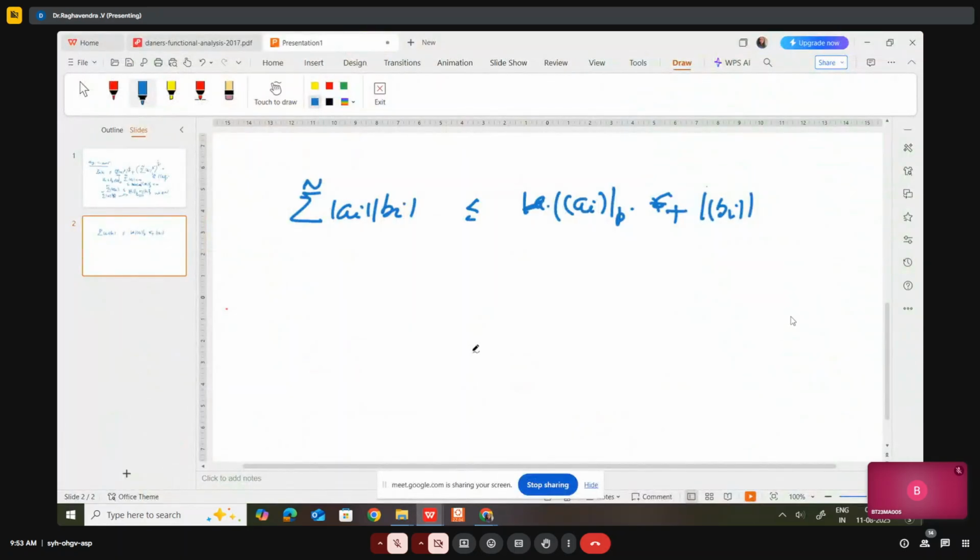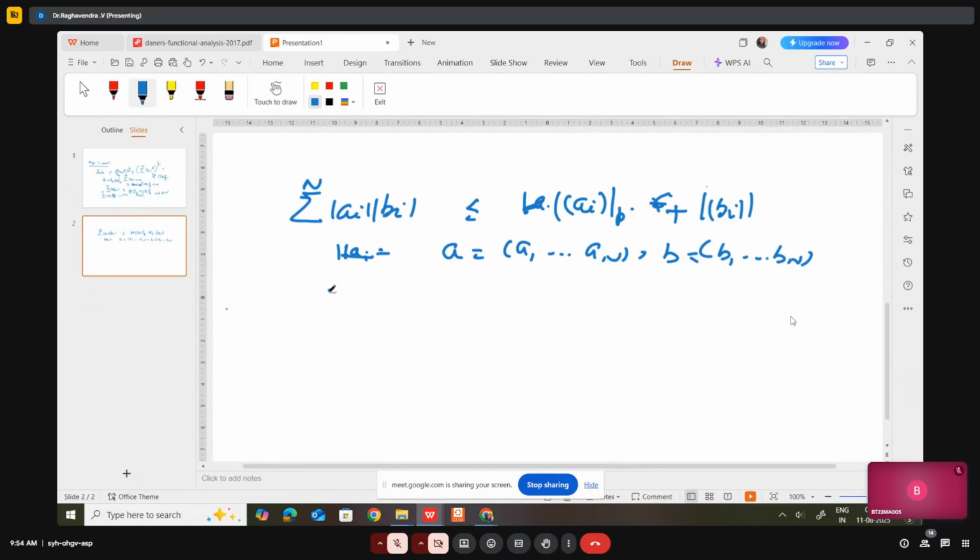All right. What we had shown as a norm is this. Let me take a equal to a1, a2, up to an, n components, and b equal to b1, b2, up to bn.